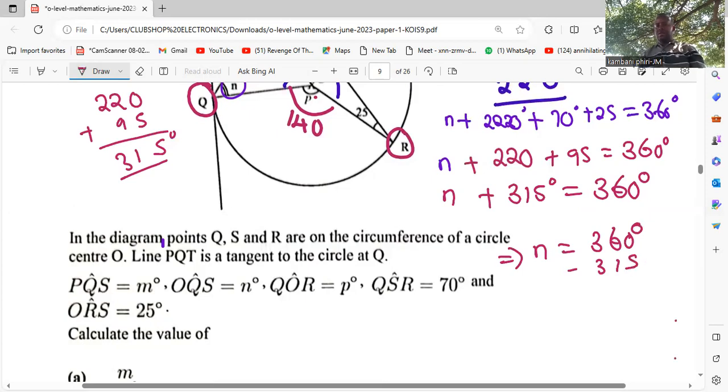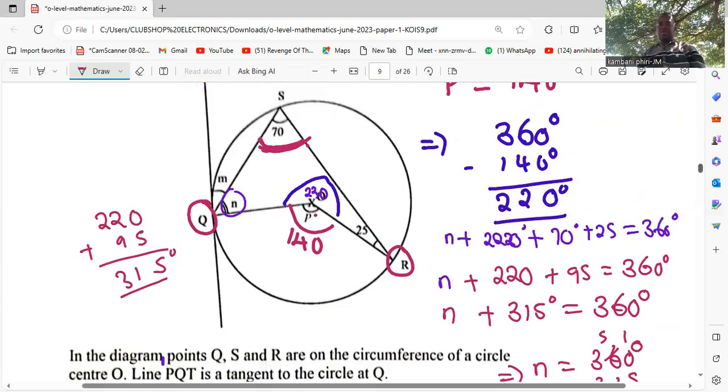So when you subtract, we get 45 degrees. That means our N is equal to 45 degrees. So we have got P and N.